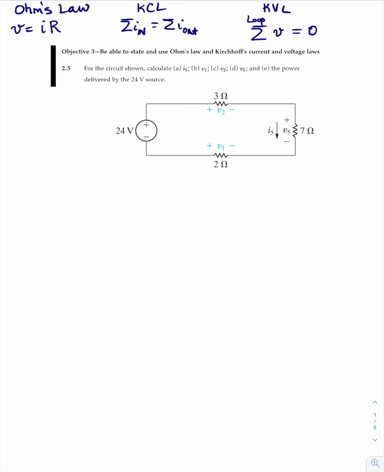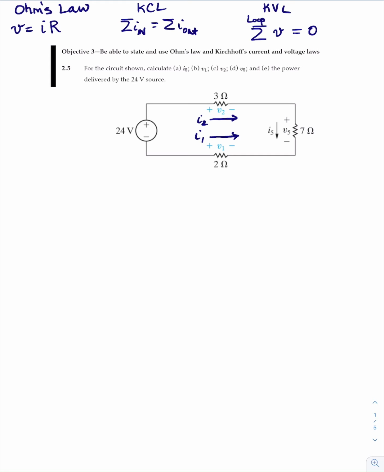We know the polarity of the voltage V sub 2, and using the passive sign convention, I sub 2 would go from positive to negative. And we know the voltage polarity of V sub 1. I guess I should have started with V sub 1. So the current I sub 1 goes from positive to negative, so it would be in that direction.